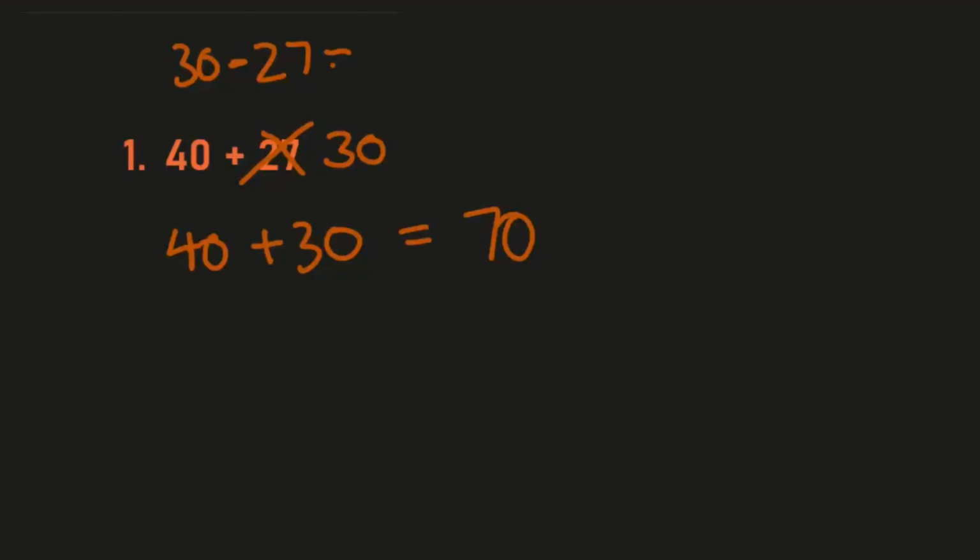Well, that's easy. That's 3. Because we did 40 plus 30 here, that means this is 3 more, so now we need to subtract 3 from 70. What's 70 minus 3? 67. Well, that was easy.